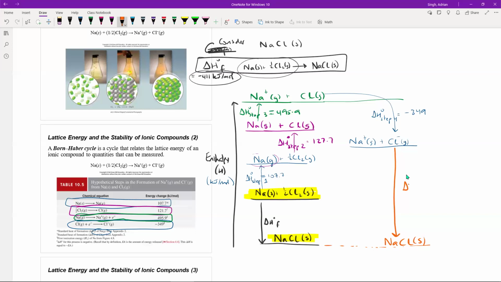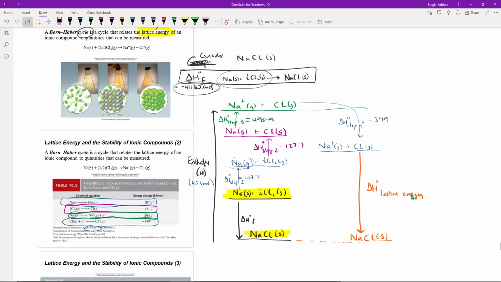That is the delta H, and that is the lattice energy of this sodium chloride that we're trying to find. All right, so if you remember the lattice energy, the formation of 1 mole from its ions in the gas phase, that corresponds to Na plus and Cl minus to give NaCl solid, right? That's our lattice energy.